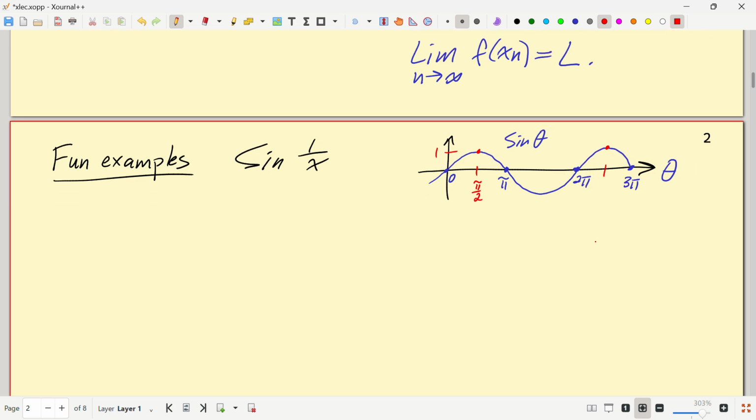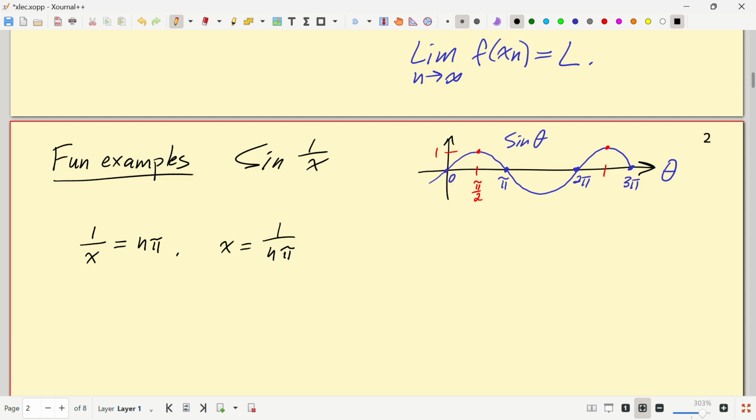Okay, so let's think about when 1 over x is equal to n pi. That happens, of course, when x is 1 over n pi. And 1 over n pi is a sequence that tends to 0. And at those points, sine 1 over x would be 0.